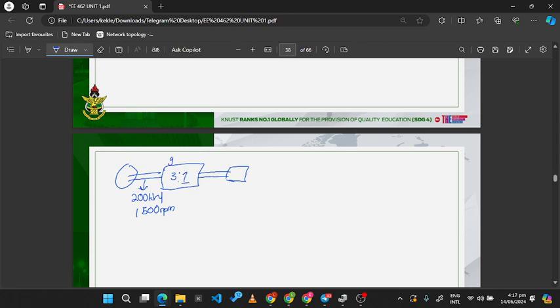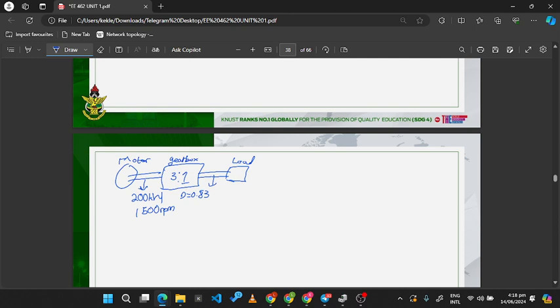So this is our gearbox. This is the load, and this is the motor. And we are supposed to find the speed and power here. We have the efficiency of the gearbox being given as 0.83.